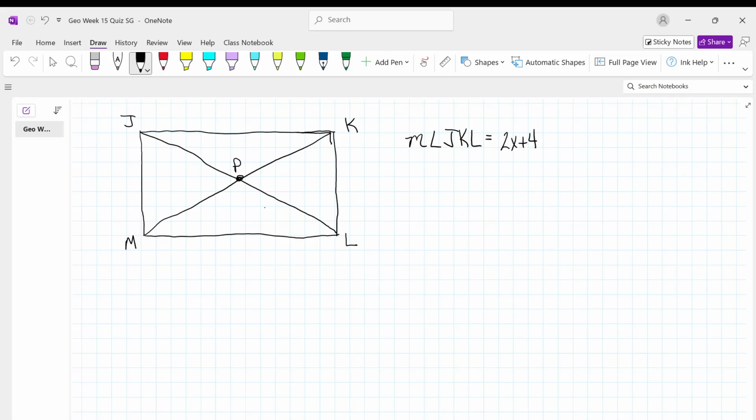And the measure of JLK is equal to 7x plus 5. Find x.